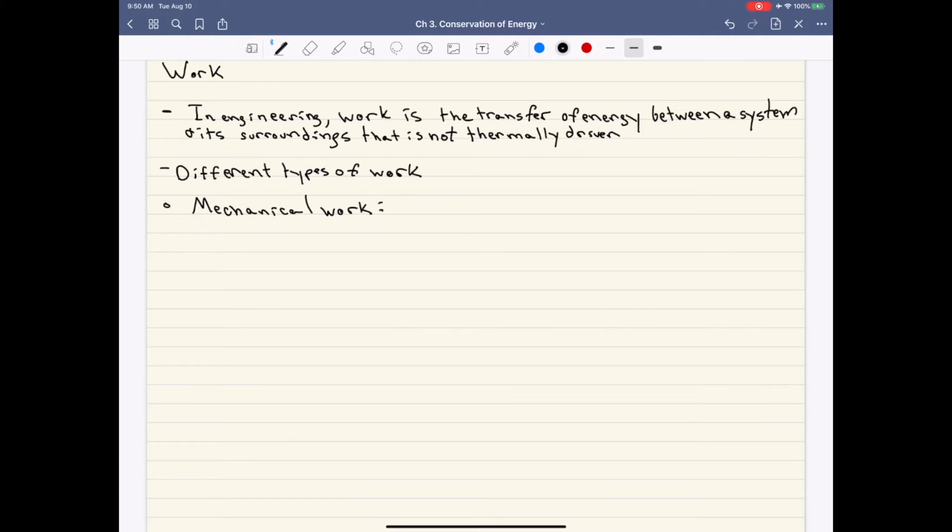And so this is a type of work that causes the movement of a system boundary. So any work that moves a system boundary, or in other words, causes the system to change sizes.